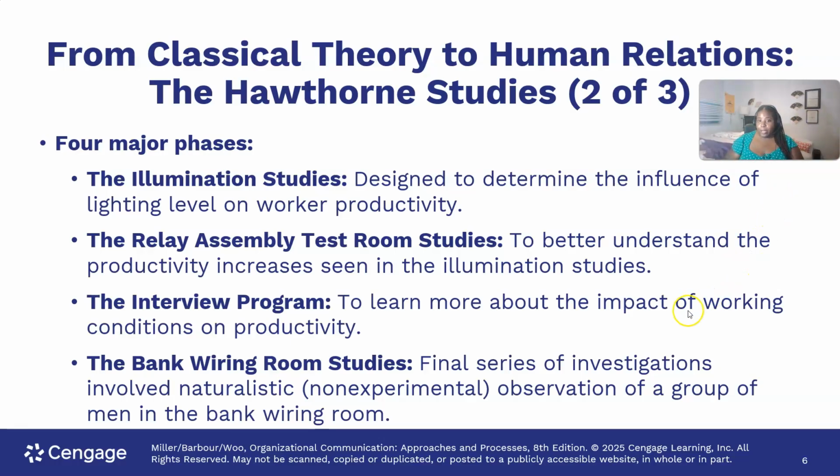Then we have the interview program to gather data on why the lighting increased productivity. And the bank wiring system, the final series of investigations, which involved naturalistic or non-experimental observations. So they just had the workers do their thing and they gathered data that way.